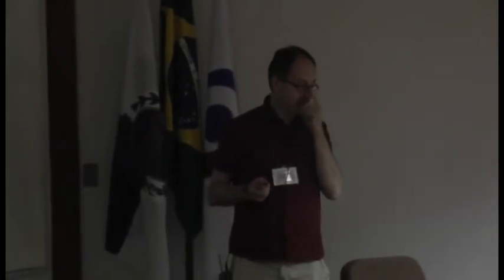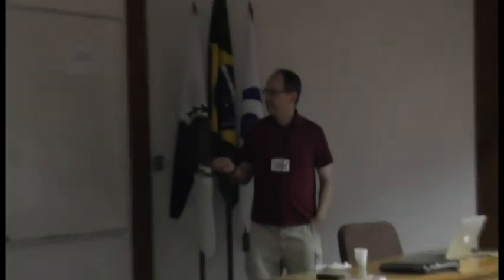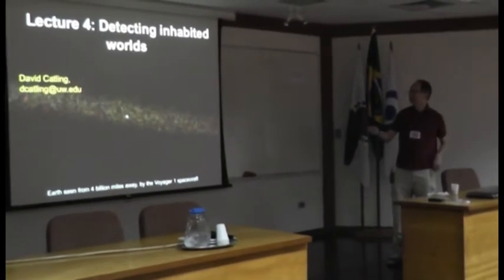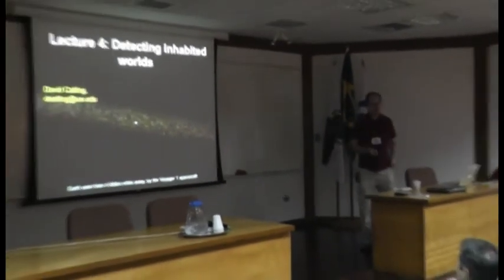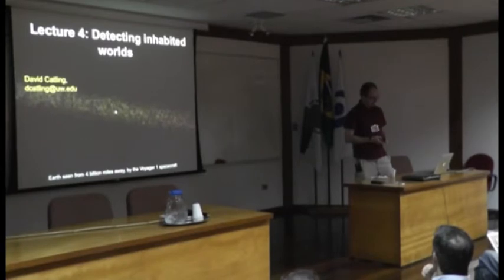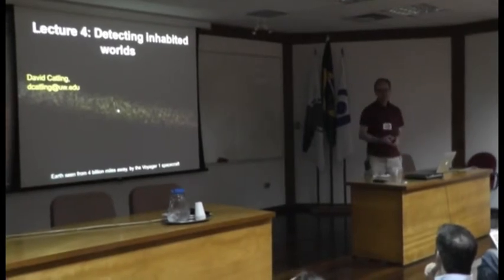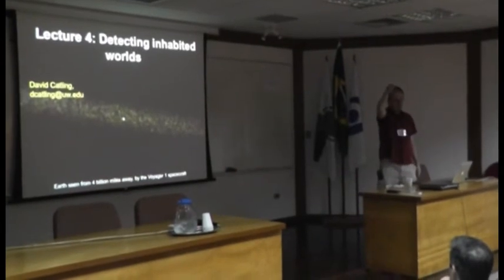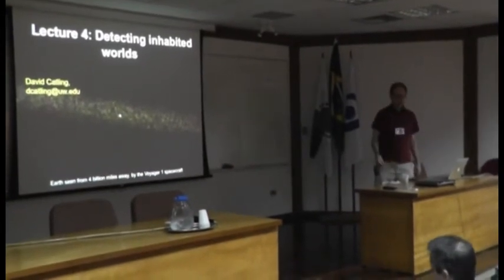So today I'm going to talk about detecting planets which have life on them remotely. This is a picture of the Earth. This is actually stray light, so it's not real, the rest of this mess here. But this is the Earth in a pixel, and we see its color, which is a pale blue color, which results from the Earth's atmosphere.